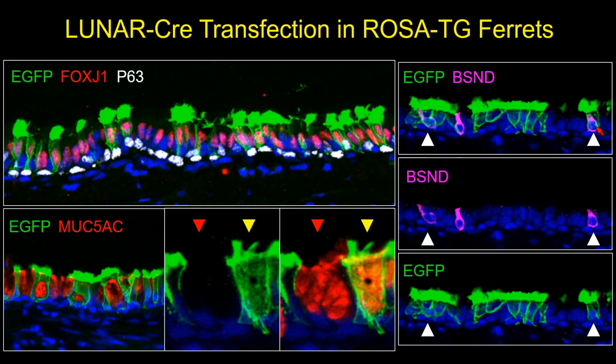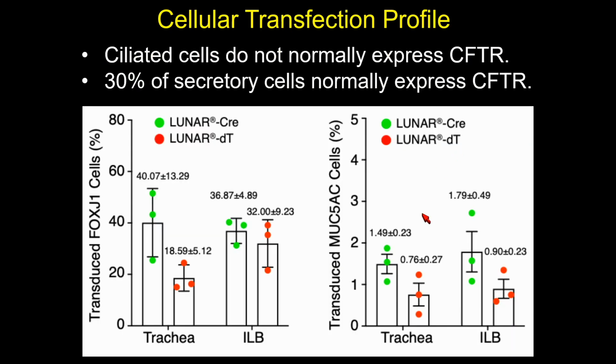So staining for BSND, we could see evidence of transfection of ionocytes, but this was fairly infrequent within the samples that we evaluated. We didn't quantify the ionocyte transfection because they're so infrequent, it's very difficult to do that with the numbers we had, but here is quantification of ciliated cell transfection, about 30-40%, depending on interlobar airway or trachea.